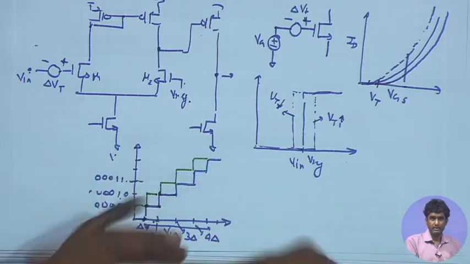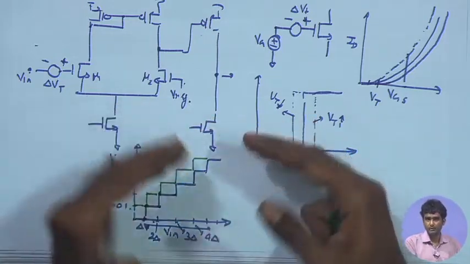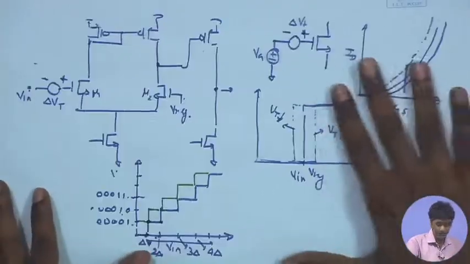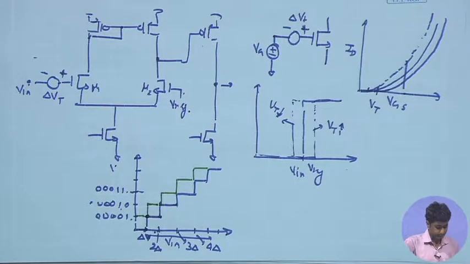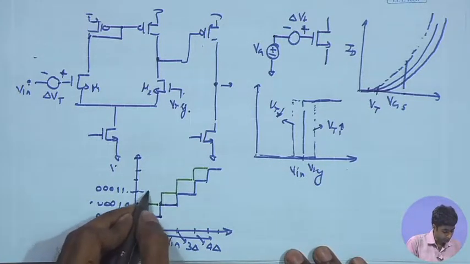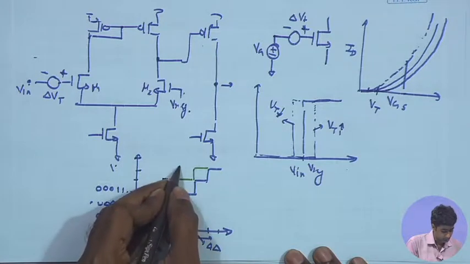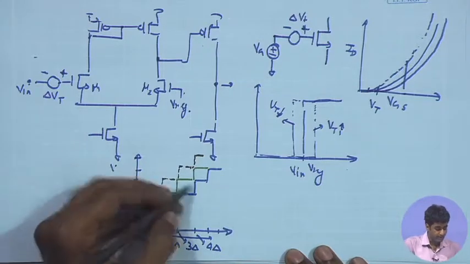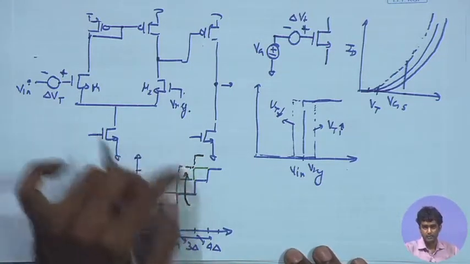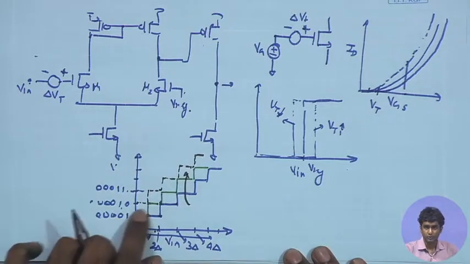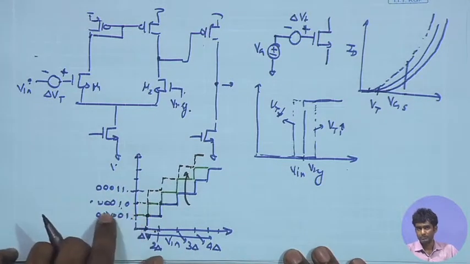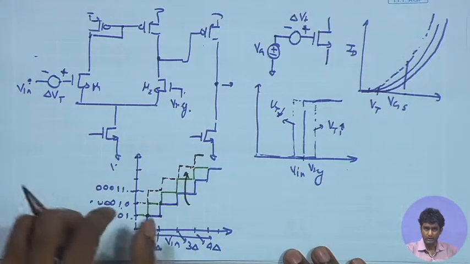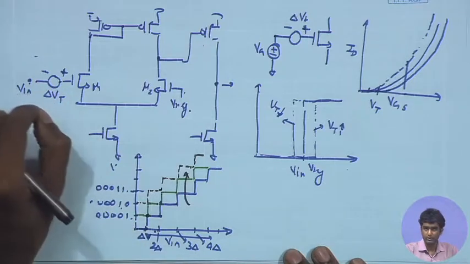Likewise, if you have larger mismatches rather than 15 millivolt, if it is 30 millivolt or 35 millivolt, there will be 2-step shift. So, the entire characteristics will be getting shifted by 2 steps. So, in that case the characteristics may look like this, right. So, first of all we are having a shift in the overall characteristics, we are having error in the exact value, and also we are losing some of the quantization, because here we cannot encode the values lower than a certain magnitude, say 3 delta.